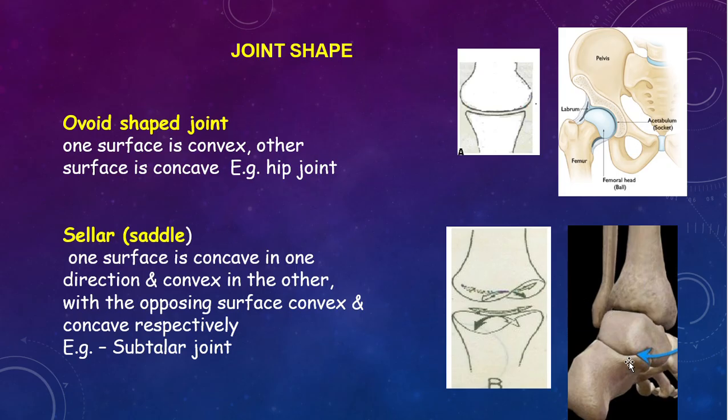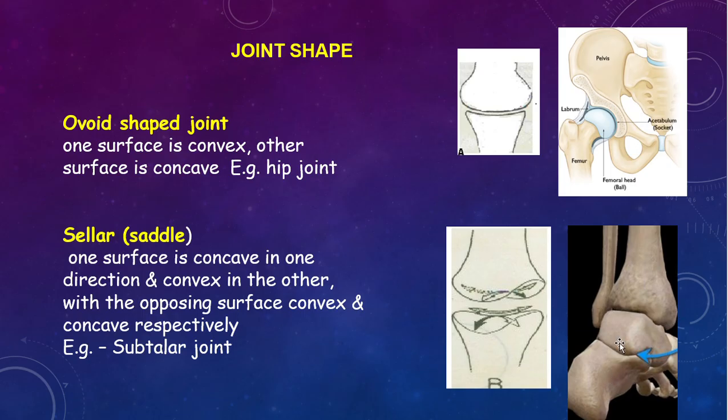But it's also possible to have, in some joints in some part of the body, a top bone that is not totally convex. Part of it will be convex, the other part will be concave. And the lower bone will not be totally concave. Part of it will be concave, the rest will be convex. Where the upper bone is convex, the lower bone is concave. Where the lower bone is concave, the upper bone is convex.